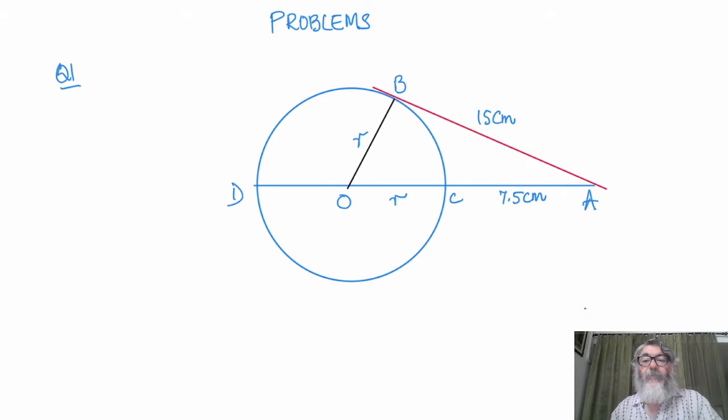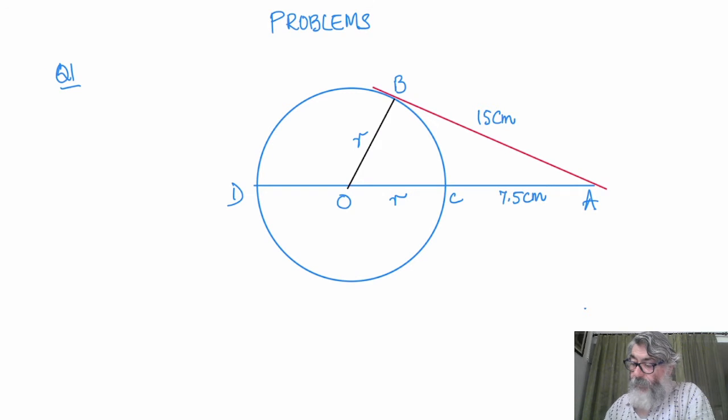Okay, let's look at the first problem which we have here. DC is the diameter passing through the center of the circle O. DC is diameter, O is the center, AB is tangent.